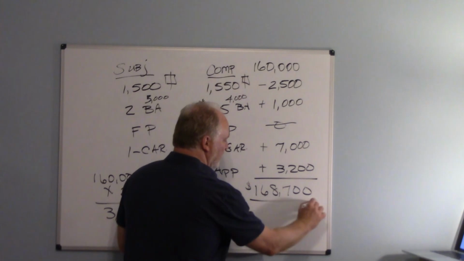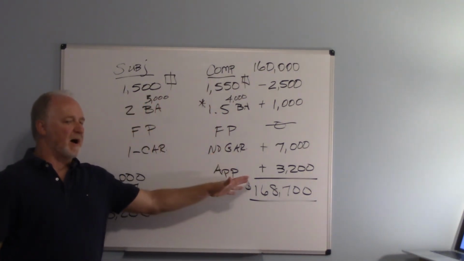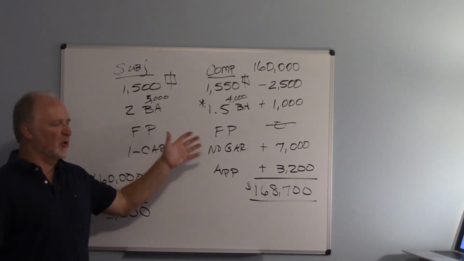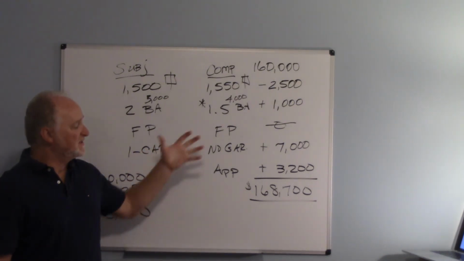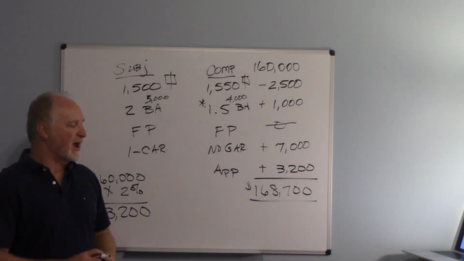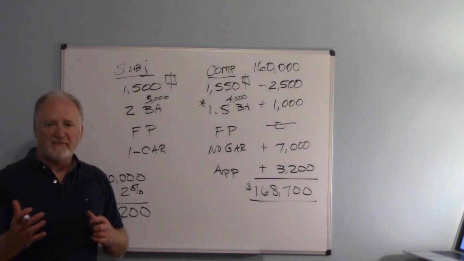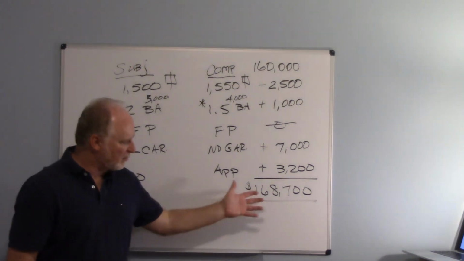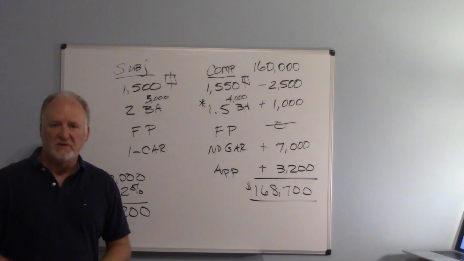Now, what did we learn from this? Based on that comp, this is what we believe the perceived value of the subject property. I don't know what the property is going to sell for, but this is our basis for determining that the subject property should be worth somewhere around 168.7. And again, for real estate agents, we don't say what properties are worth, we say probable sale price. A probable sale price would be somewhere around 168.7.